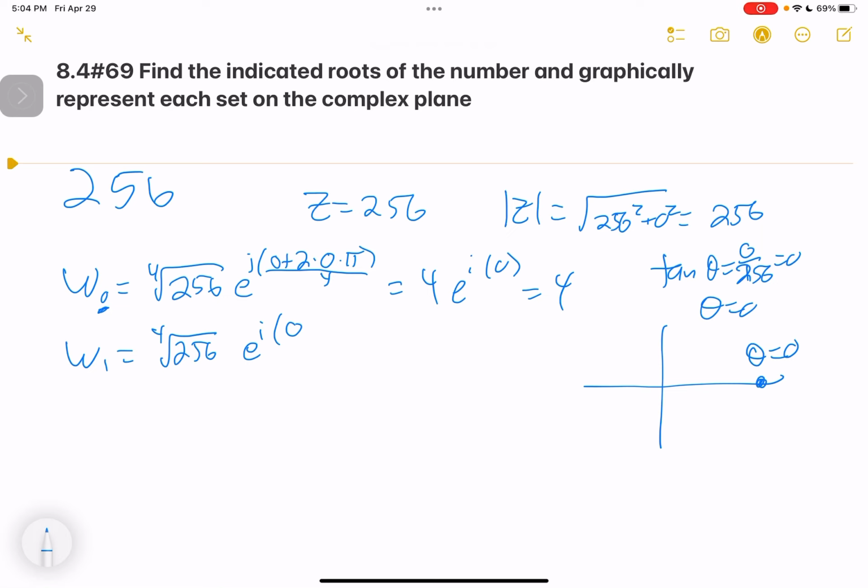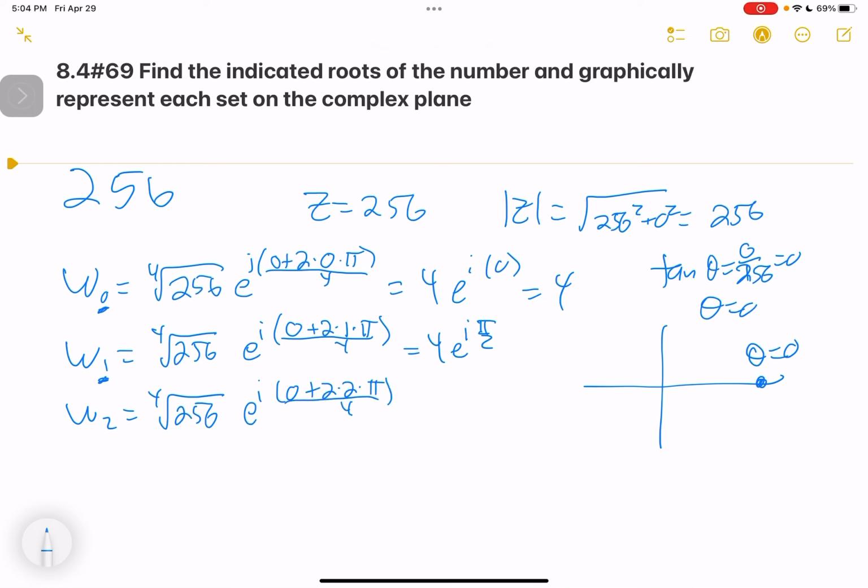So that angle is 0 plus 2 times 1, because that's a 1 down there, times pi, and this is all divided by 4. And so we end up with 4e to the i, and then that's 2 pi over 4, so pi over 2. And W2 is going to be the fourth root of 256 times e to the i times (0 plus 2 times 2 times pi) all over 4.